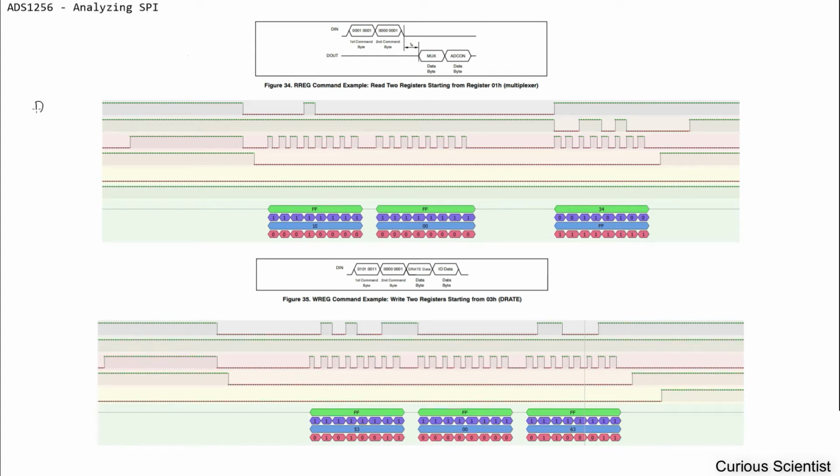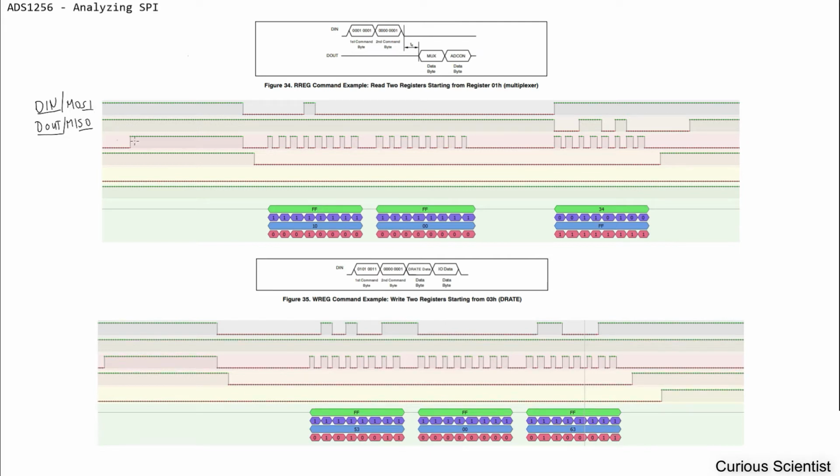So this is data in, or the master out slave in on the microcontroller, and this is the other part, the D out. This is where the data comes out from the ADS, and goes into the microcontroller as master in. So slave out is the D out basically, and slave in is the data in.